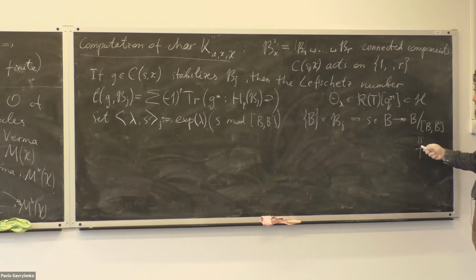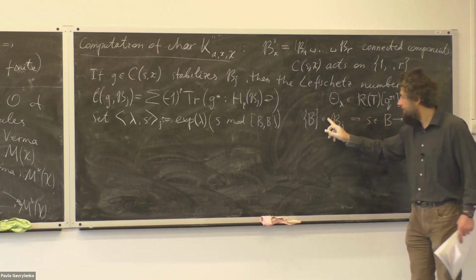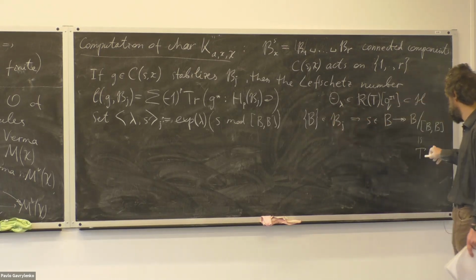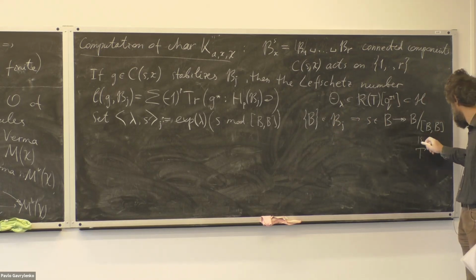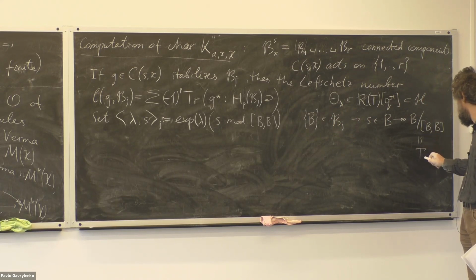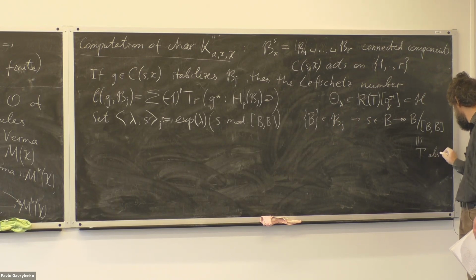But I claim that over a connected component, it's possible to choose just one such canonical isomorphism. So this T can be called abstract Cartan.